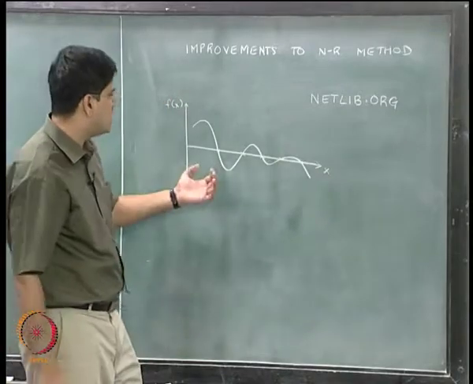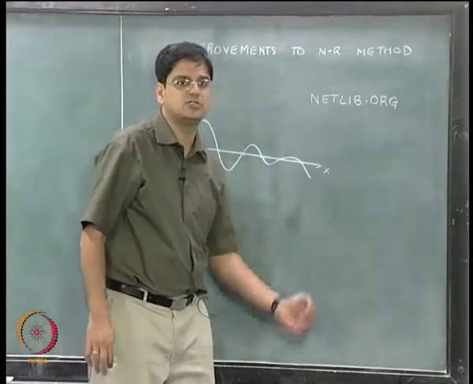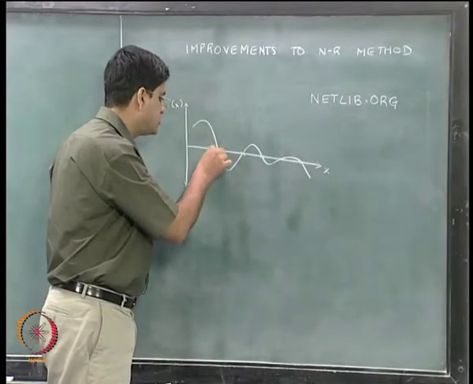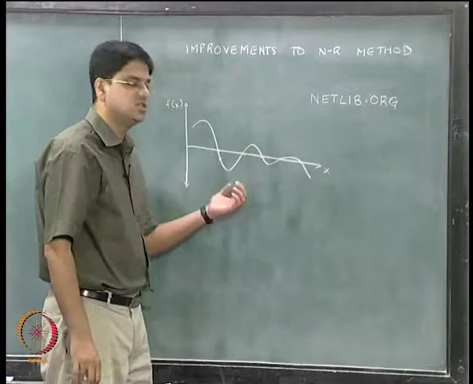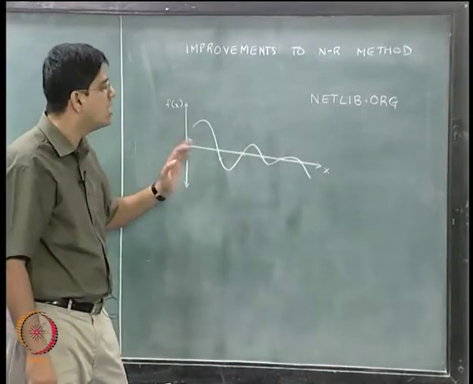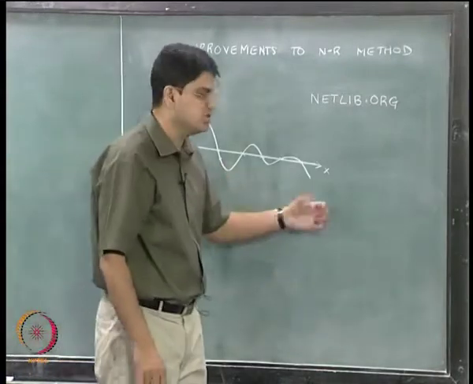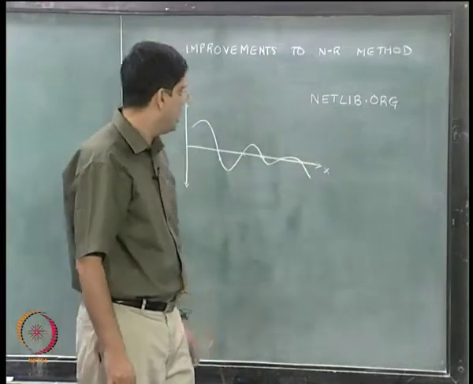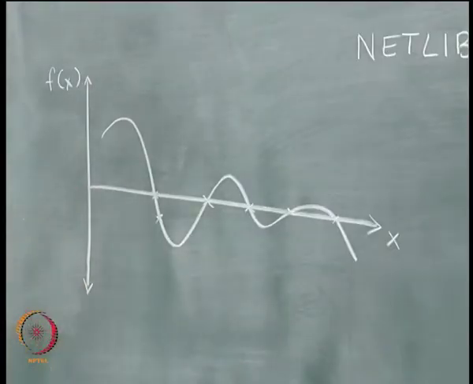We know that Newton-Raphson's method, starting from an initial guess close enough to the solution, converges very quickly, with second order convergence to any of the solutions. However, if it is used to find the multiple solutions to the equation f of x equal to 0, it fares quite poorly. It does not converge as quickly as one would like.